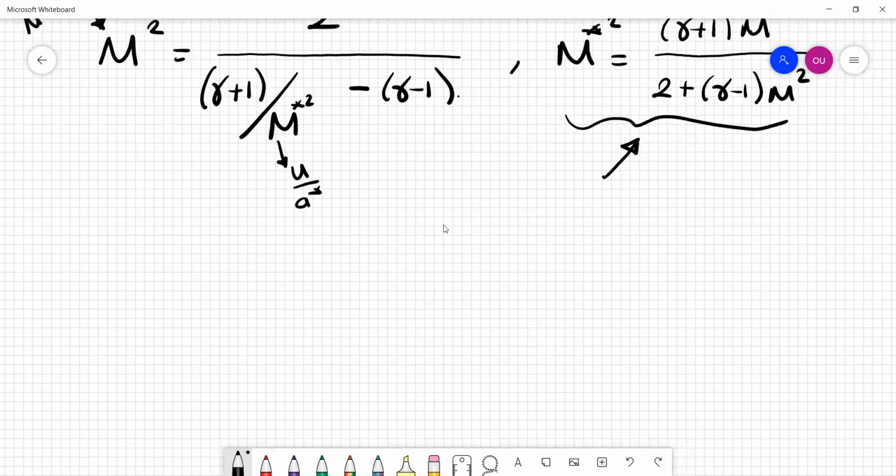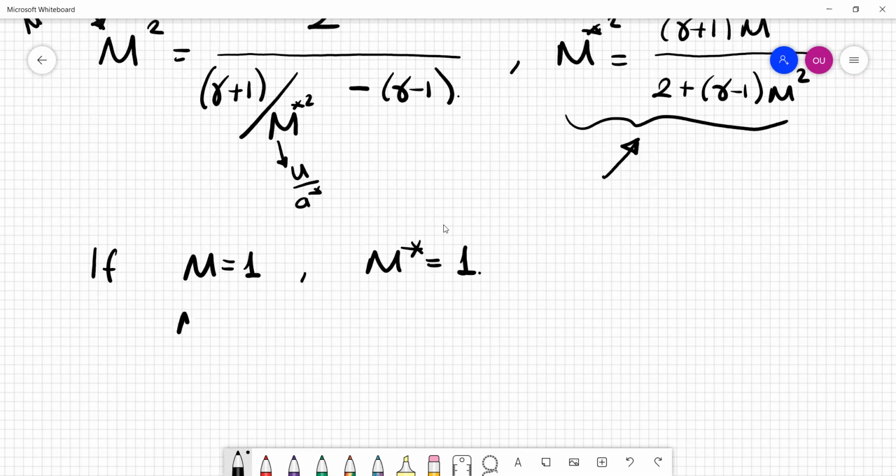If you investigate it, for certain cases, if the local Mach number is equal to 1, which means we are actually at sonic condition, of course, at that location, M star is also 1. So we know that.